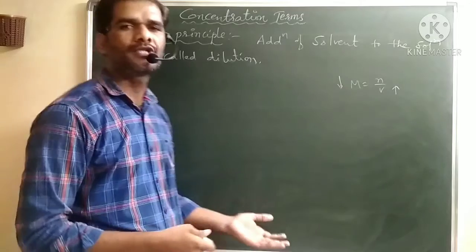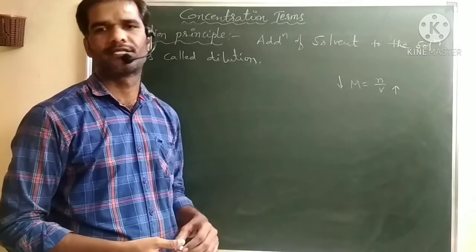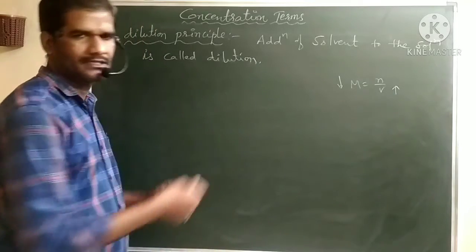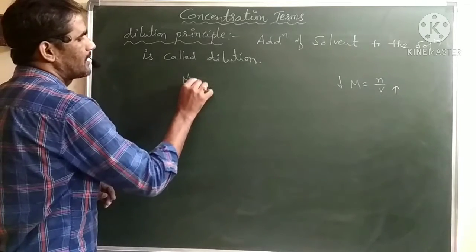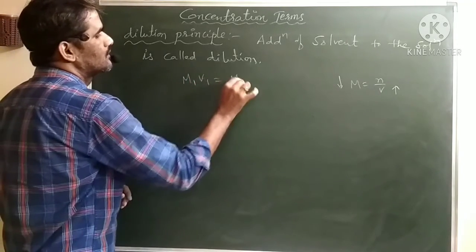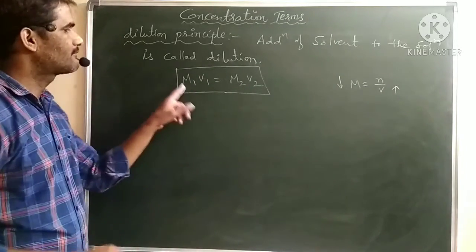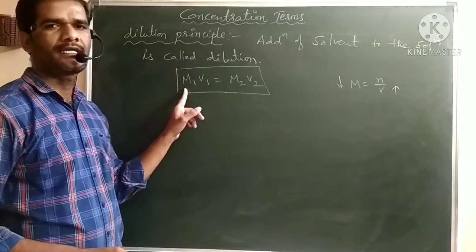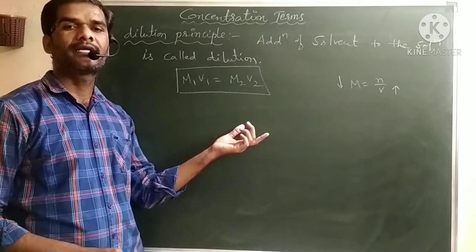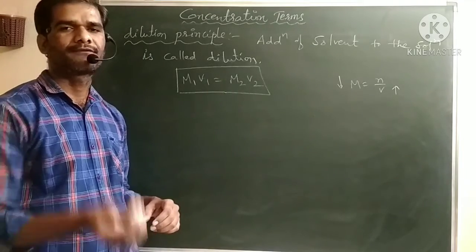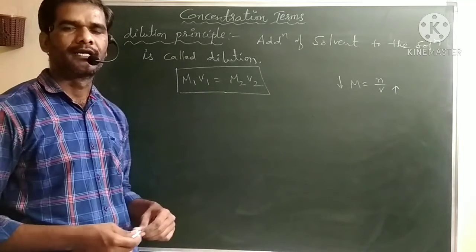So upon dilution, the molarity of the solution decreases, meaning concentration decreases. To calculate the resultant molarity, we have one formula: M1V1 is equal to M2V2. Here M1V1 means initial molarity and initial volume of the solution, and M2V2 means the final molarity and final volume after addition of solvent.